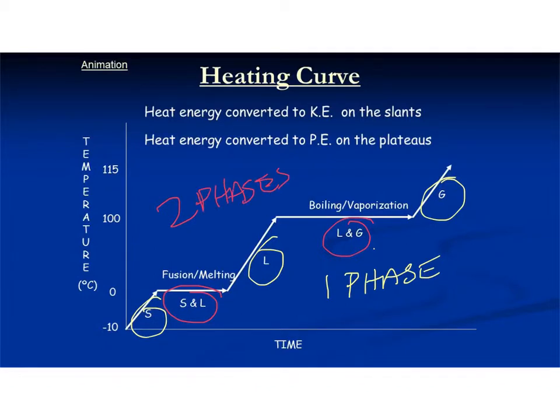On the slants, we're taking heat energy and converting it to kinetic energy. On the plateaus, we're taking heat energy and converting it to potential energy. Remember, potential energy and kinetic energy are different things, and we can convert one to the other as we do this.